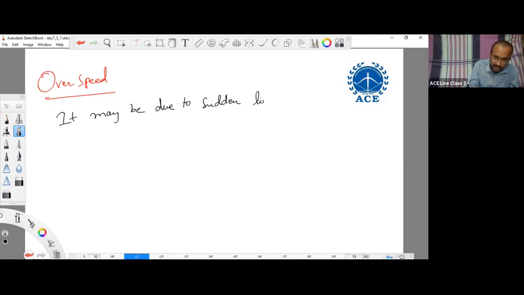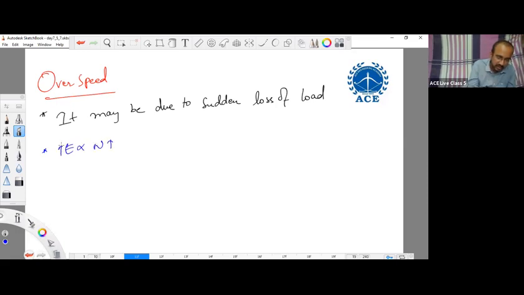So how do you sense the overspeed? What happens whenever the speed increases? Induced voltage is directly proportional to speed: E = ΦZN/60 × P/A.